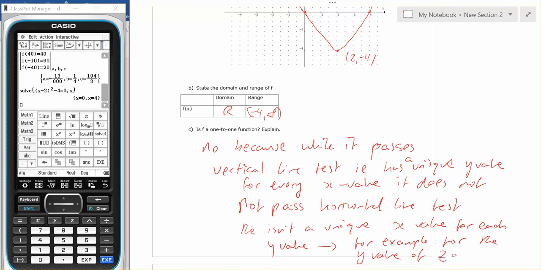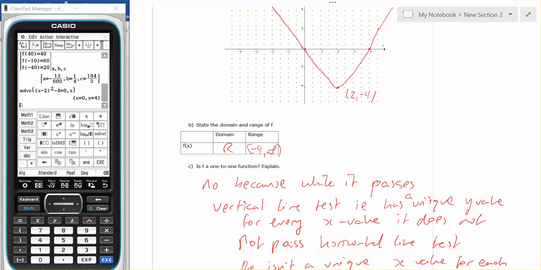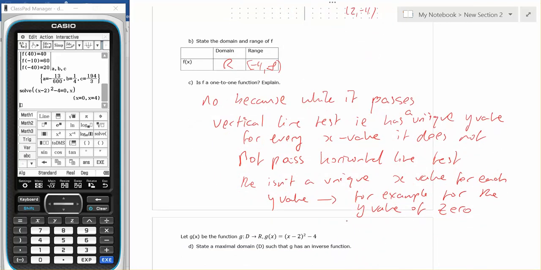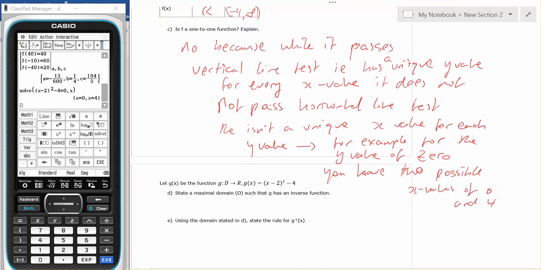If I do a horizontal line test at the y value of 0, you have two possible x values, 0 and 4. So as you can see, for the y value of 0, the graph intersects twice, so you get x values of 0 and 4.